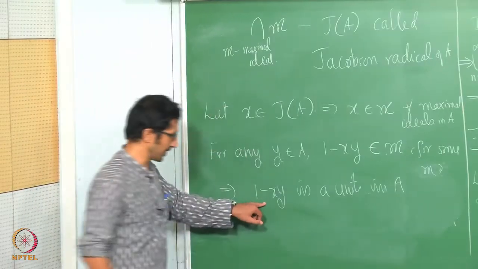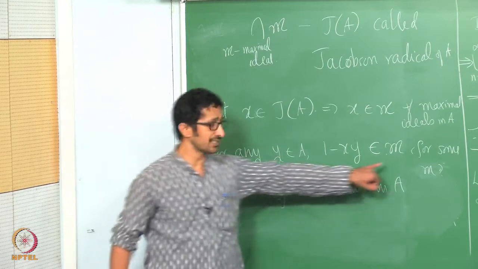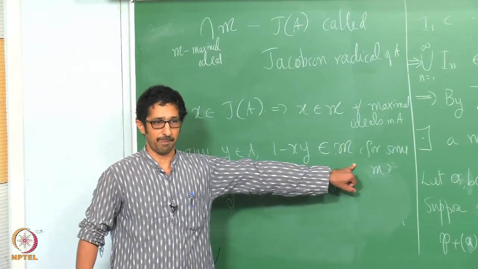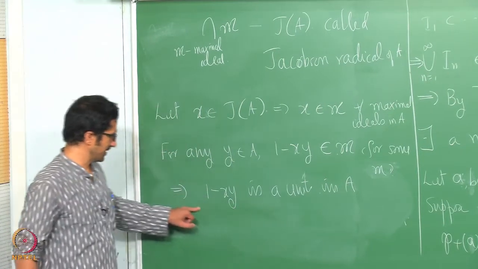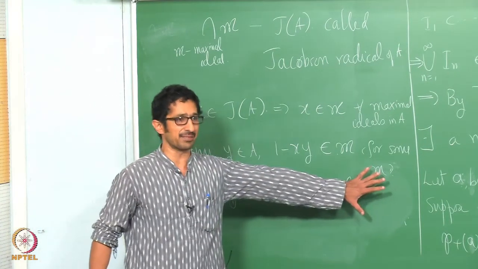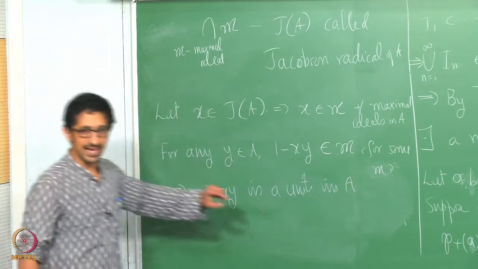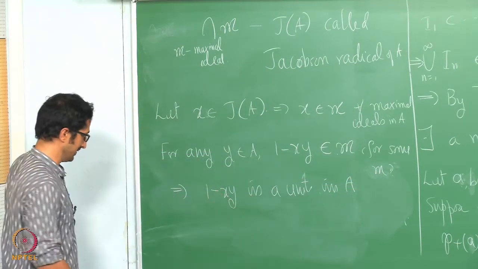Why is this? Because every non-unit is in some maximal ideal. So, here this is an element which cannot be in any of the maximal ideals. Therefore, it has to be a unit.